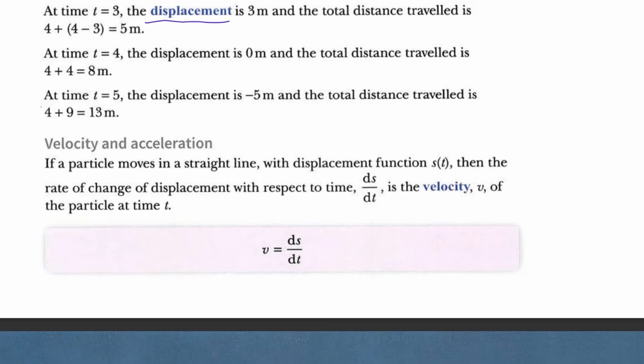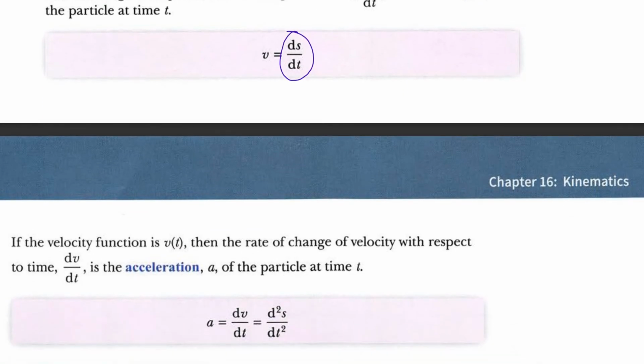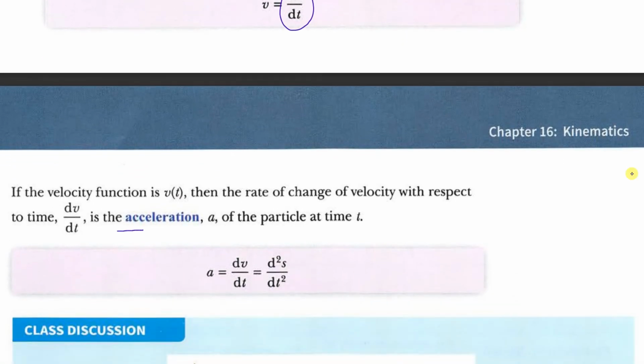Another part is velocity and acceleration. If we differentiate the displacement, we get the velocity directly, and this is called the expression of the velocity. And acceleration: if we differentiate the velocity, or double differentiate the displacement, we get the acceleration, and this is the expression of the acceleration.